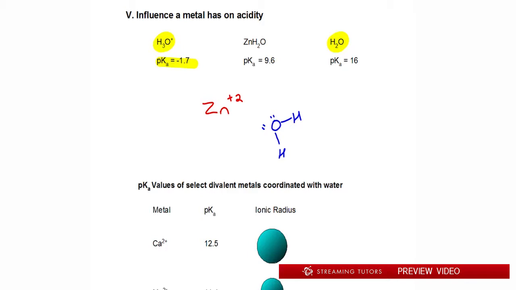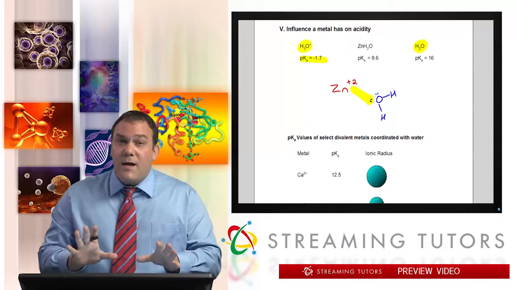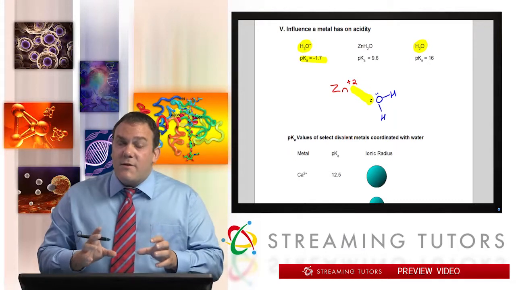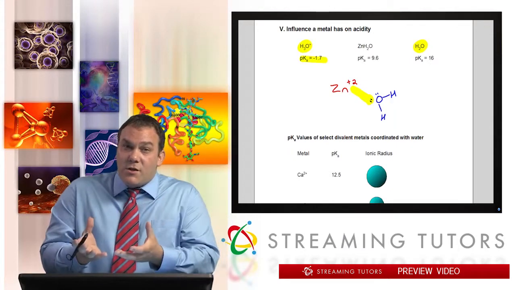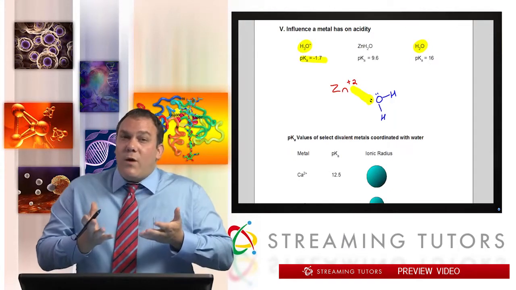In this case, this zinc is coming next to a neutral water. As the zinc comes closer to the water, the electron pair from water starts to move in its direction towards zinc. There's no covalent bond here. This is an ionic characteristic, but the zinc starts to lure the electrons away from water.